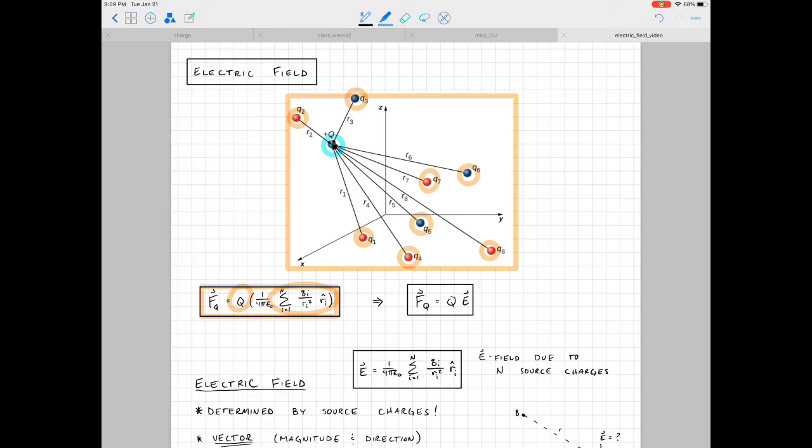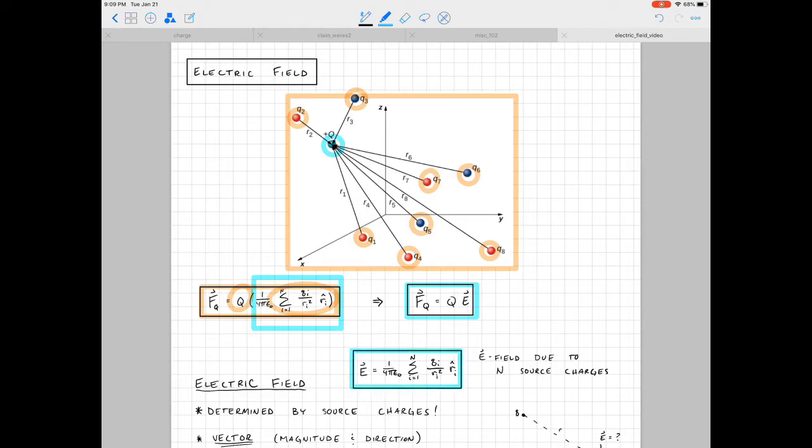And what we're going to do is isolate this term that I just highlighted, and we're going to call that the electric field. And so I can rewrite the expression for the force on this test charge as Q times E, the electric field, where the electric field is defined as this expression.